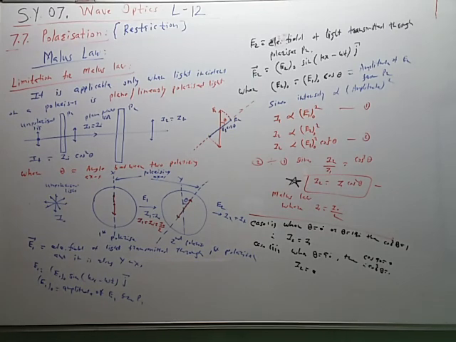Like this, first, second, third, fourth polarizer, for each case we can use this equation, Malus law. It is a very important relation. If only one polarizer is used, then I1 is equal to I0 by 2, which we have already proved separately. Okay, we will stop here.